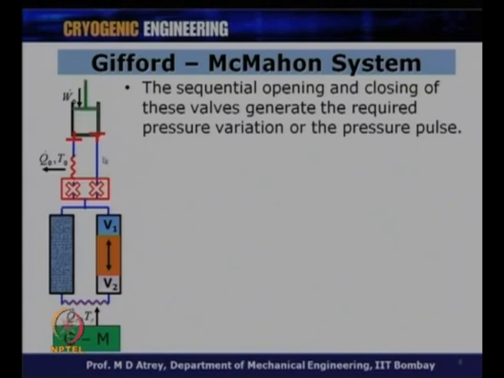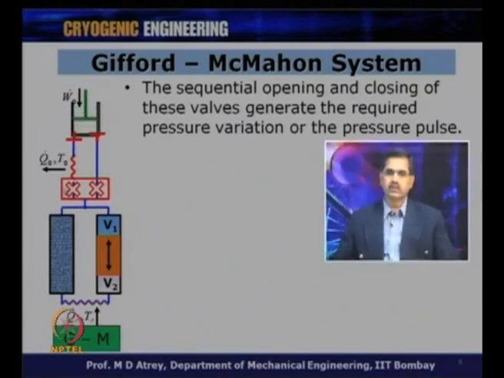Now, all depends on the opening and closing of this valve. In the earlier case, what we had was a sinusoidal pressure variation for the Stirling cycle. Here, we can have any waveform for a pressure pulse, and that can be produced by this rotary valve. The opening and closing of this valve will determine what kind of wave.